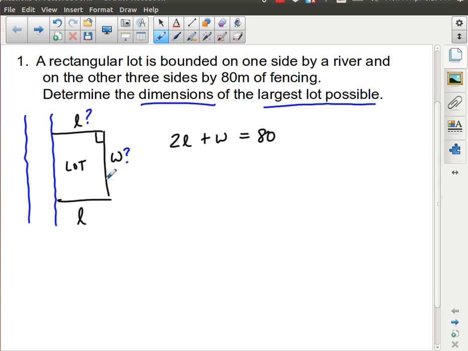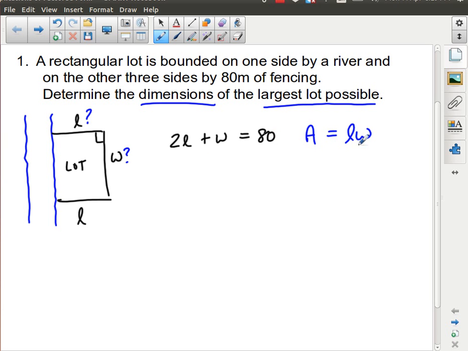But when we talk about how big a lot is, that is talking about the area of the lot. And so the area of this lot is length times width. Now if we take a look at these, neither of these is actually a quadratic, at least not in terms that we've talked about before.